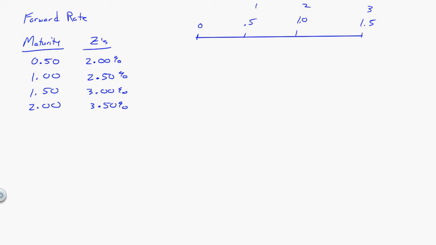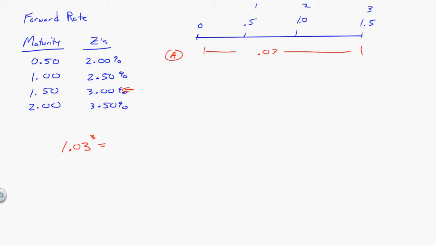Okay, so option A, we can invest for the entire year and a half at 3%. If we do that, we'll have 1.03 to the third power. That'll be the amount of money we walk away with.